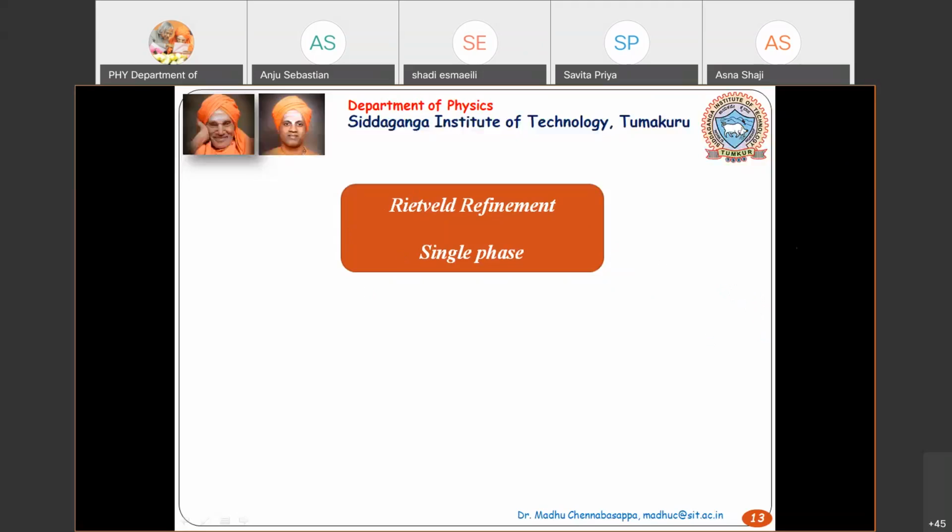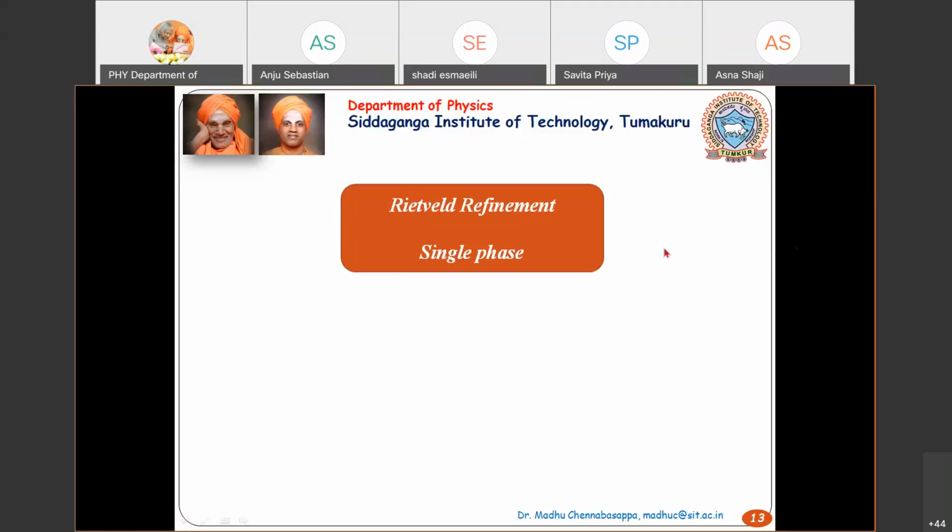So in this case, now in case of your profile fitting, we have just taken care of only the instrument parameter, your UVW parameter, and then we have taken care of your ABC parameter and space group.